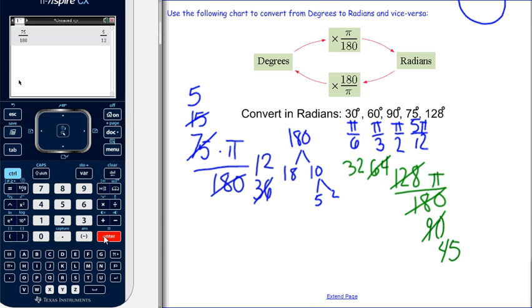Okay, so 45 is 9 times 5. 32 doesn't share a factor with it. Is 32 divisible by 3? No. Okay, so 128 degrees is 32 pi over 45.